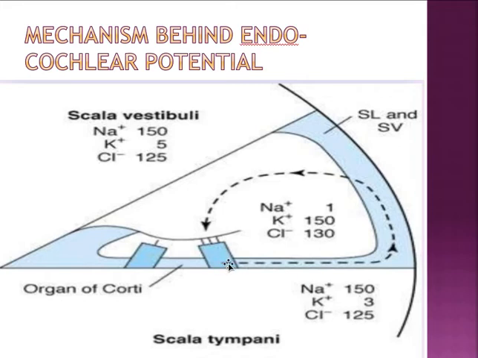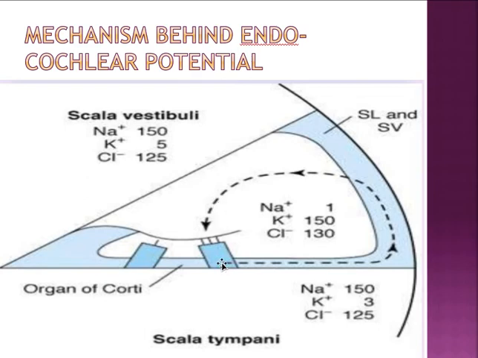inside the hair cell, the electrical potential is always present on the inner surface of the membrane. Inside the hair cell of the organ of Corti, this electrical potential, the RMP, is around minus 60 millivolts in comparison to that of the perilymph. So here the electrical potential is minus 60 millivolts, and outside it is plus 80 millivolts.